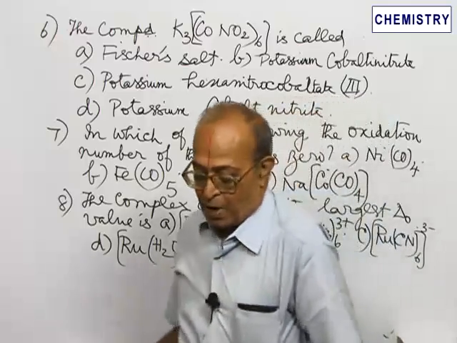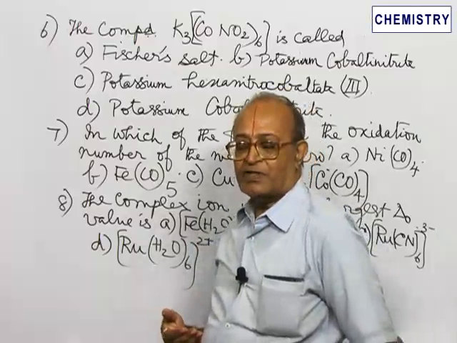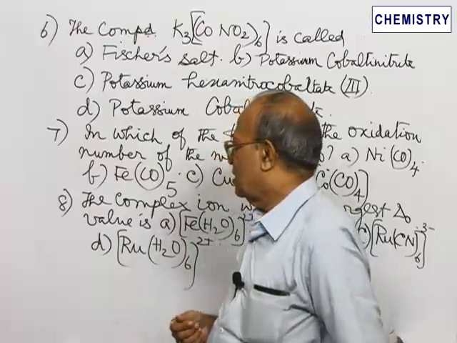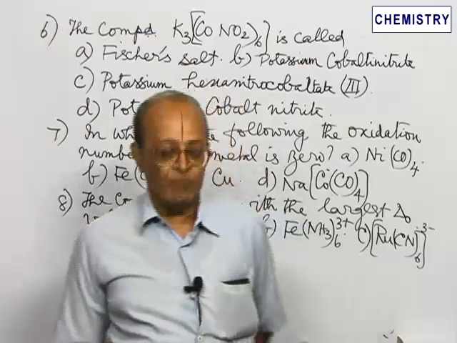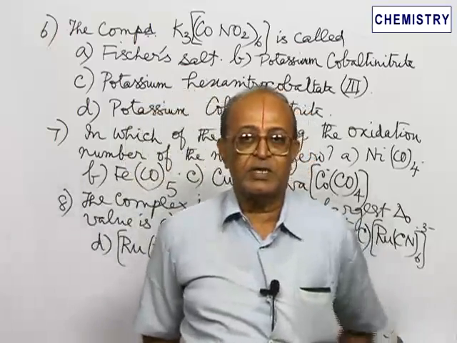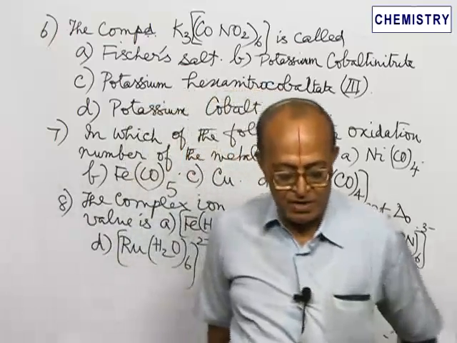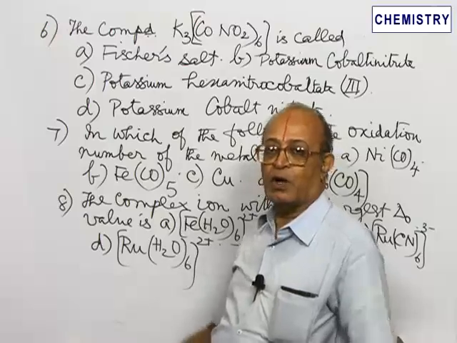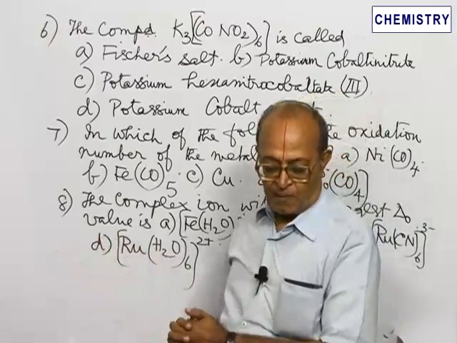Similarly, how to find out the oxidation number of a central metal atom or ion, as the case may be, in a complex. Similarly, as we have seen, depending on the spectrochemical series, what are the various factors that decide the delta O values and so on. All these are being covered in these questions.